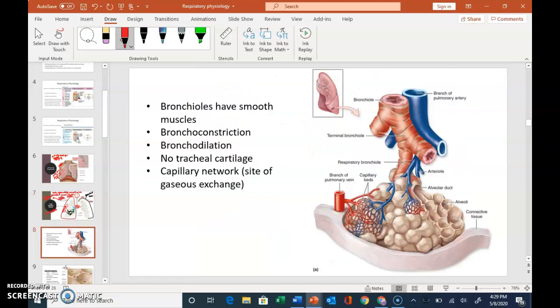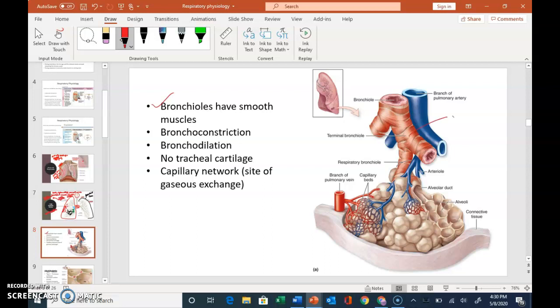So let's take a look. As I mentioned before, bronchioles have smooth muscles wrapping them. In this picture, do you see the red ribbon-like structures wrapping around some bronchioles? These red tapes are nothing but smooth muscles.